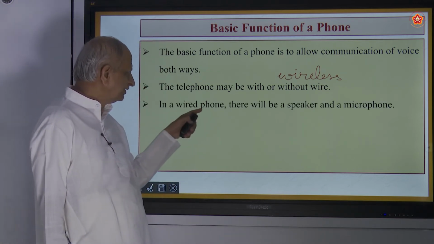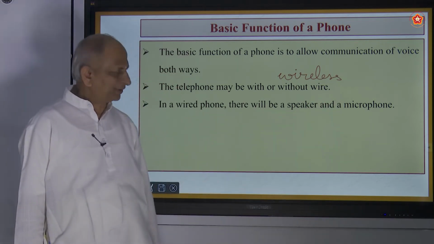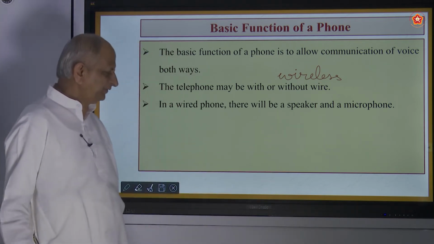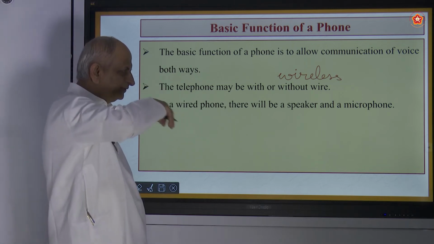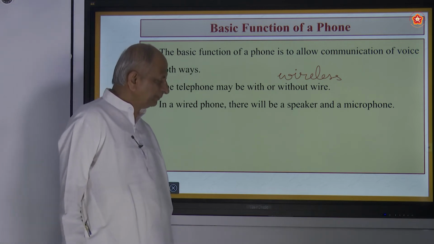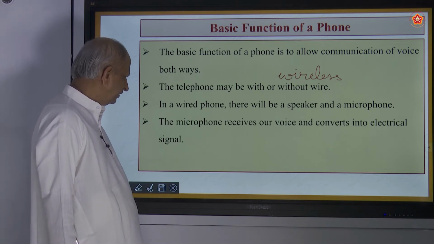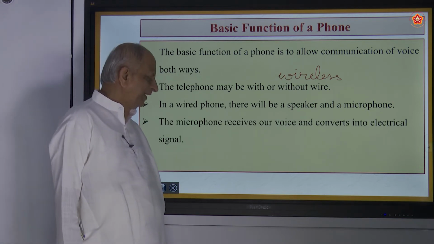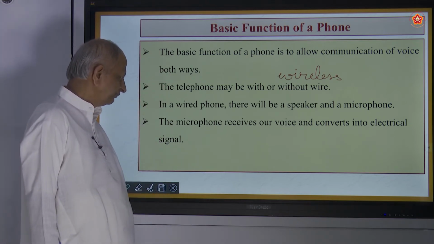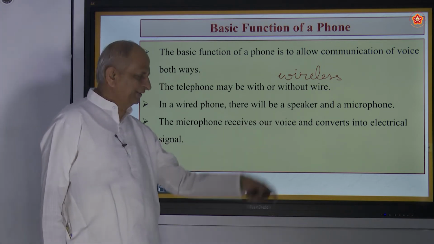In a wired phone there will be a speaker and a microphone. Both will be in the same set. One is for the person who talks, another for the person who receives. In both of them there will be a microphone and a speaker. The microphone receives our voice and converts it into an electric signal. So what does the mic do? It receives our voice.